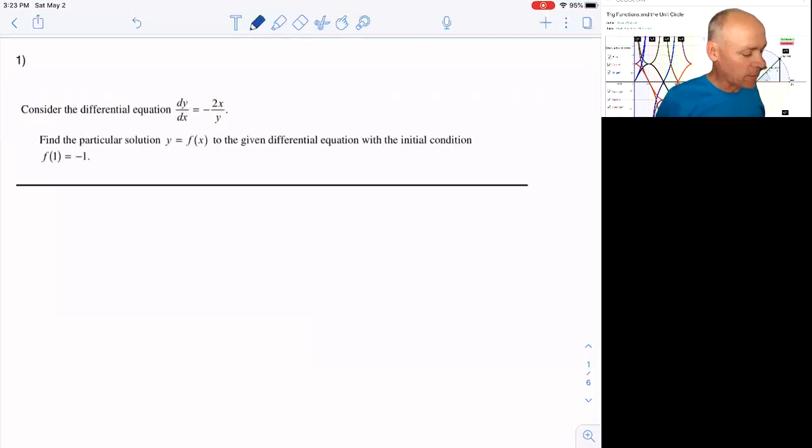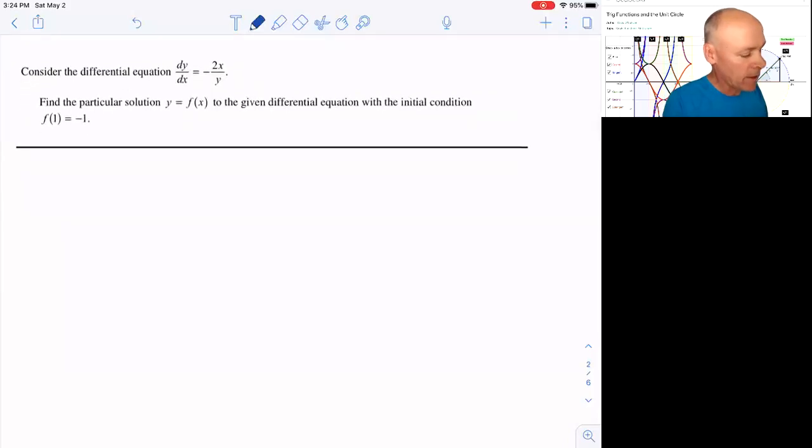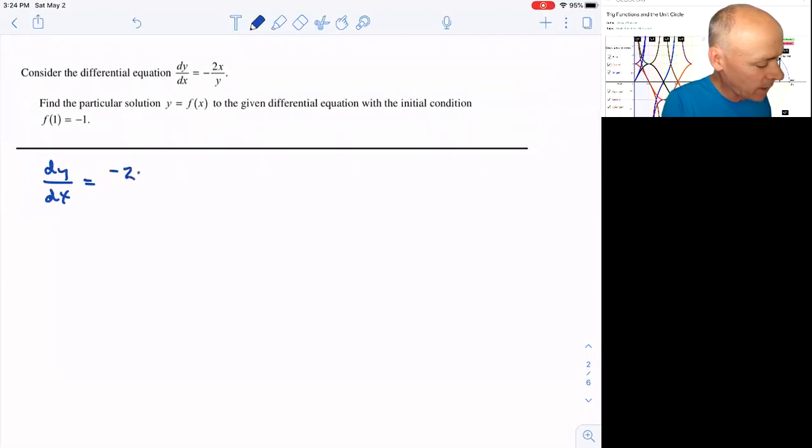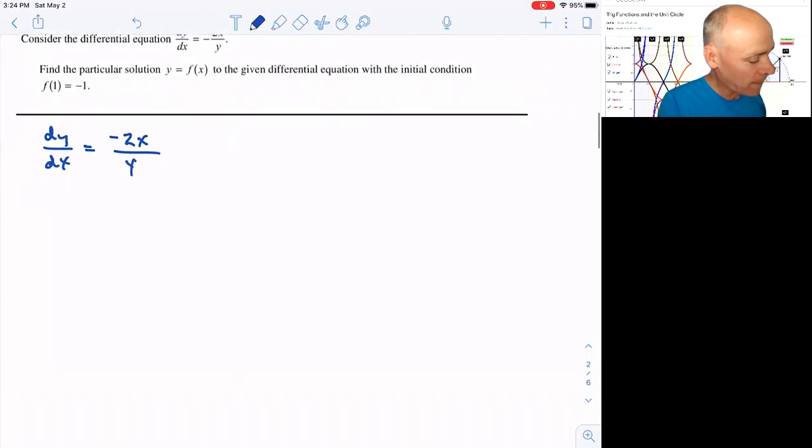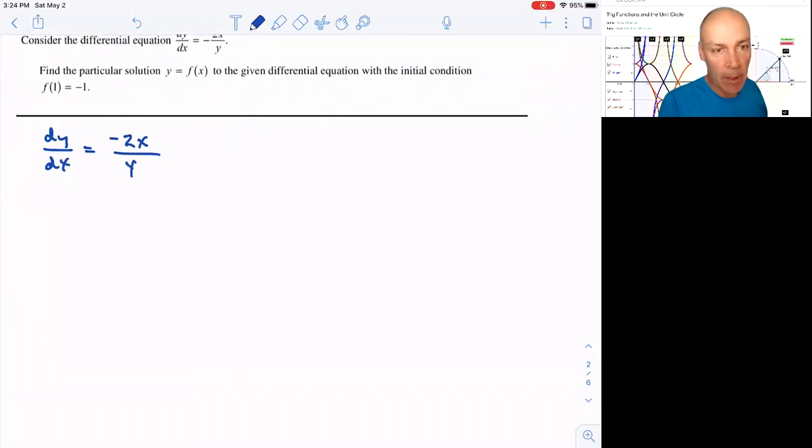Well, the first thing we want to do is take our differential equation, and I'm just going to recopy it. dy/dx is equal to negative 2x over y. I'm going to move the negative sign up by the 2x. The first thing I want to do is separate my variables.